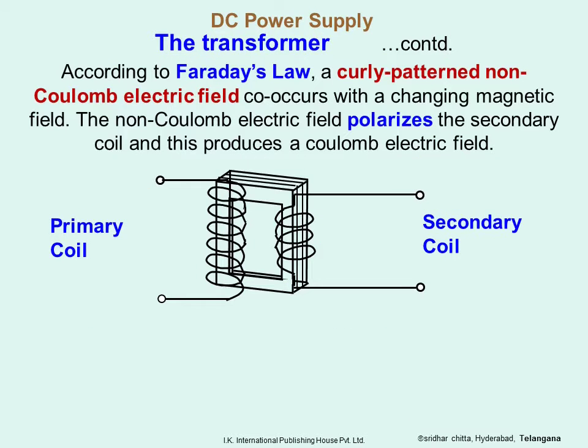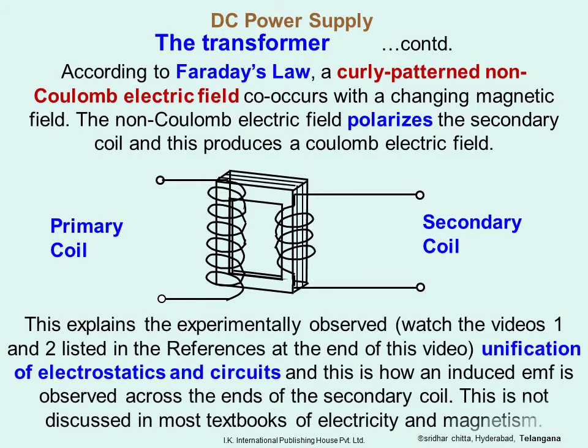According to Faraday's law, a curly pattern non-Coulomb electric field co-occurs with a changing magnetic field. The non-Coulomb electric field polarizes the secondary coil and this produces a Coulomb electric field. This explains the experimentally observed induced EMF across the ends of the secondary coil. Watch the videos 1 and 2 listed in the references at the end of this video on the unification of electrostatics in circuits.